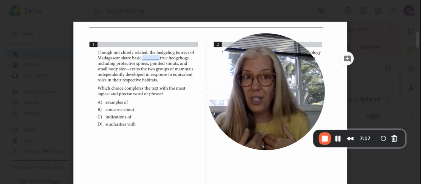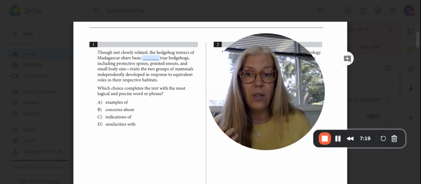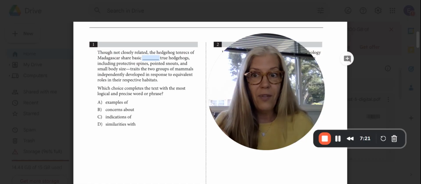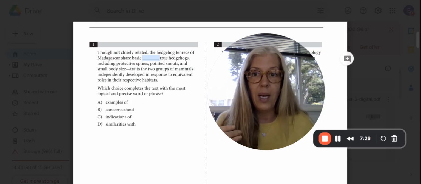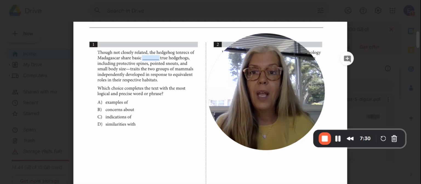What I always love to do, if I can, is steal one of their words. And again, your eyes may have gone down to A, B, C, or D. I don't want to do that yet. I absolutely do not want to do that yet. I'm trying to come up with a word and use one of their words against them. So I'm going to steal the word traits. You see how I got that?